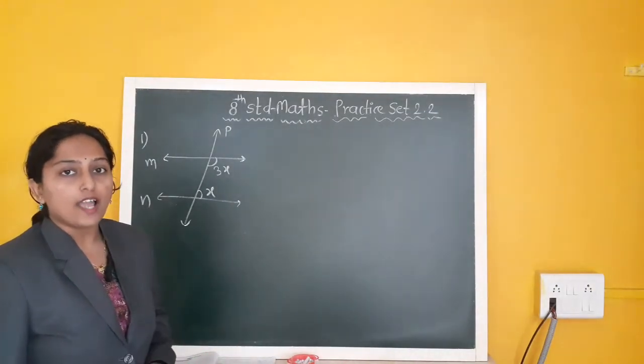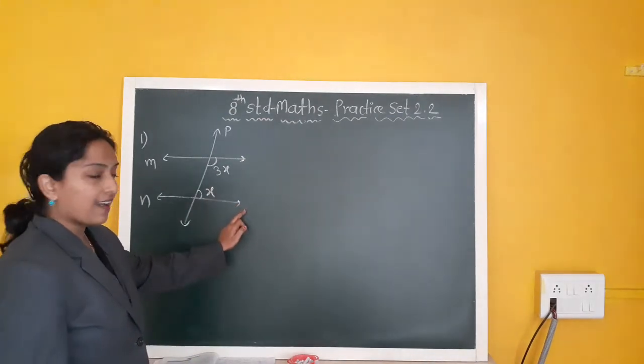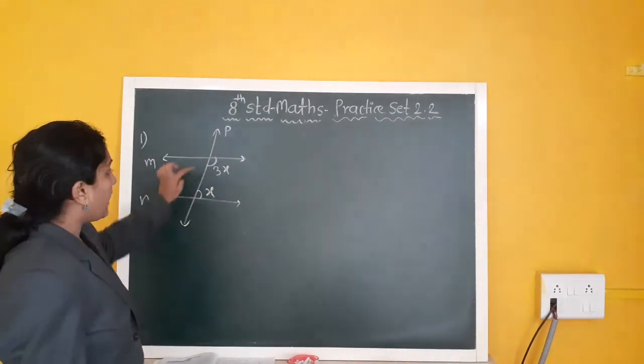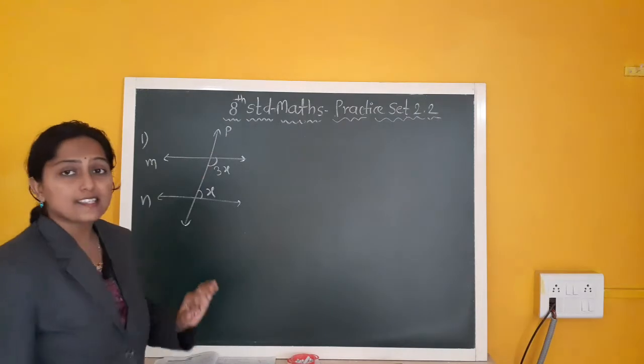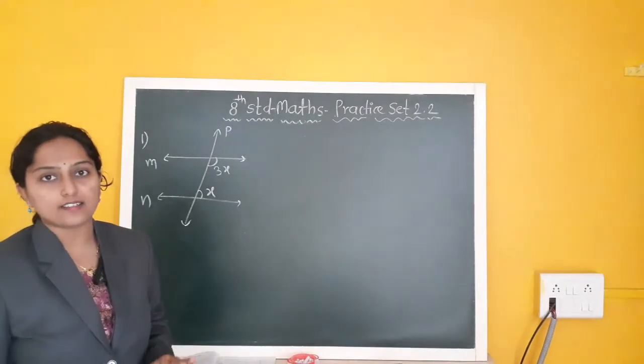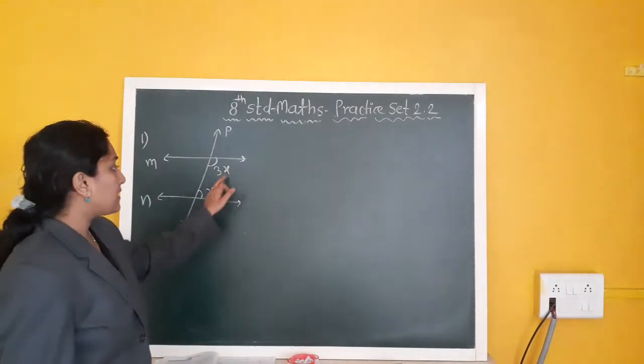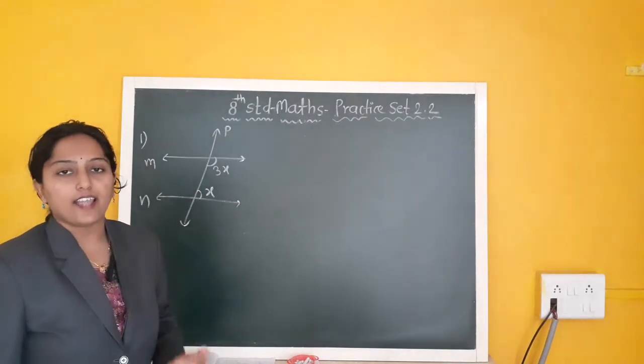So how to do it? As we know, these two are parallel lines and this is the transversal. That's why these two angles are interior angles. Agree? 3x and x are interior angles.